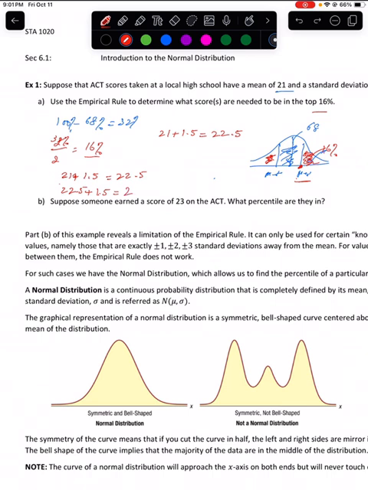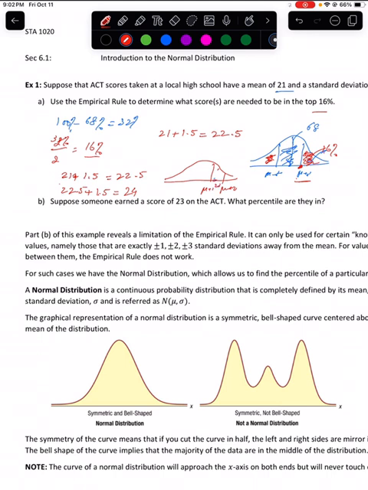So where is 23? 23 lies somewhere between mu plus 1 and mu plus 2 standard deviations.